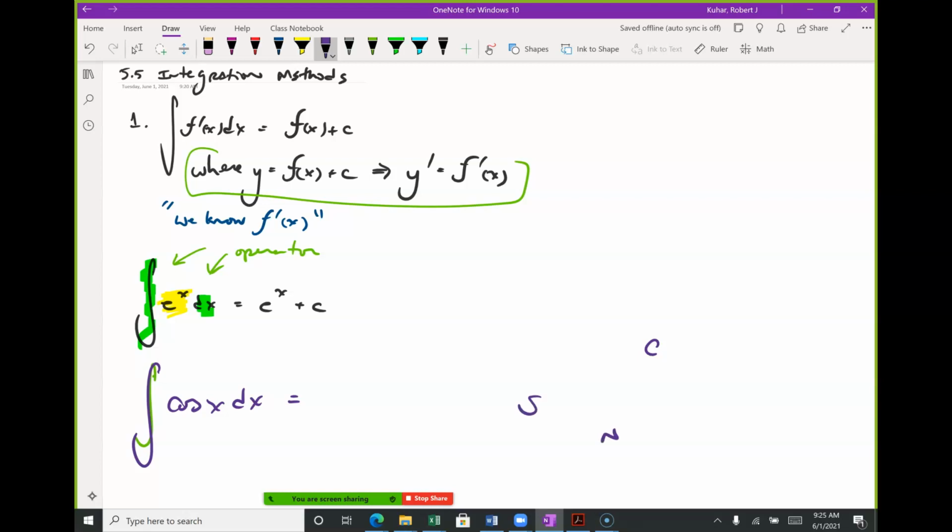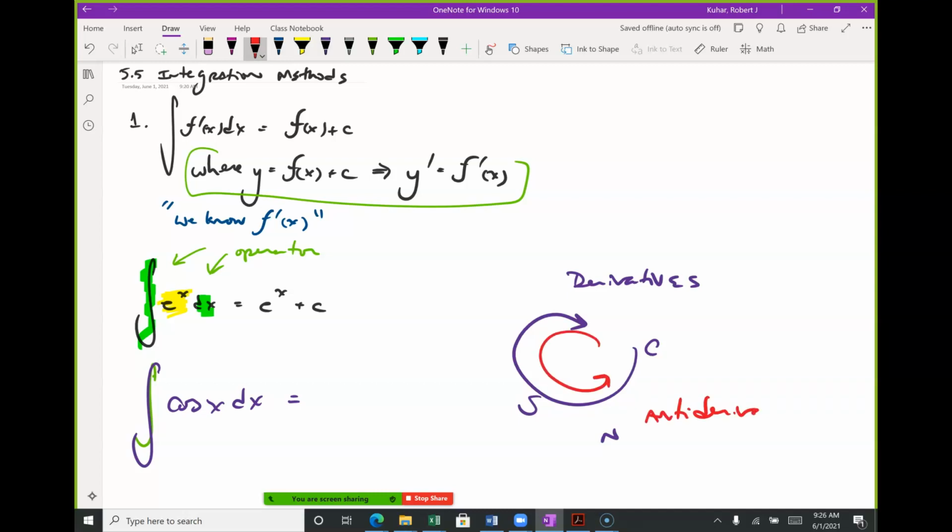I'm thinking of an alphabet wheel: A, B, C, D, E, F, G, H, I, J, K, L, M, N, O, P, Q, R, S. So derivatives go this way. What did I take a derivative of to get to cosine? Follow my sine. And so when I'm coming backward, I'm doing antiderivatives. So this is sine of x plus c.